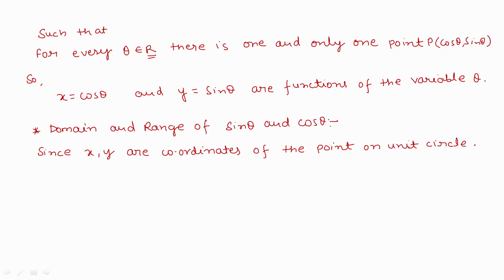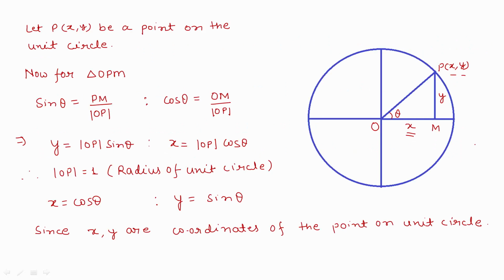This means, first, the coordinates of this point A, this is point B, this is your point C and this is your point D. The coordinates of point A are (1, 0), of point B are (0, 1), of point C are (-1, 0), and of D are (0, -1).